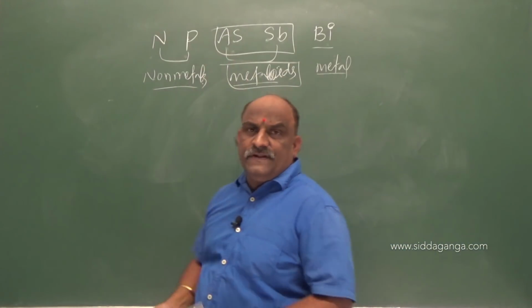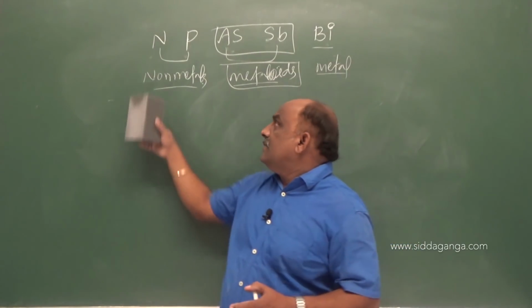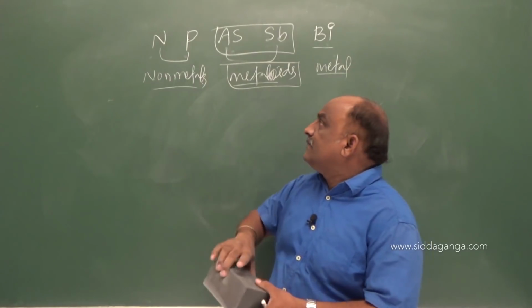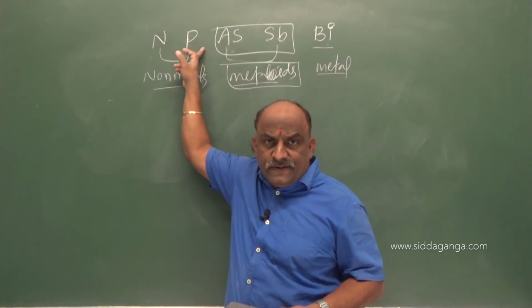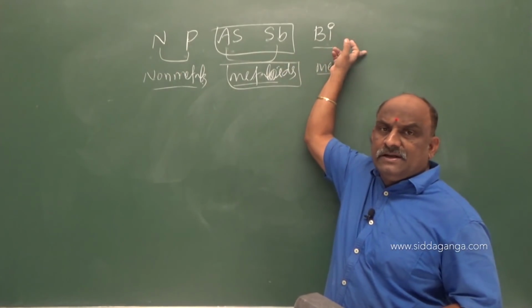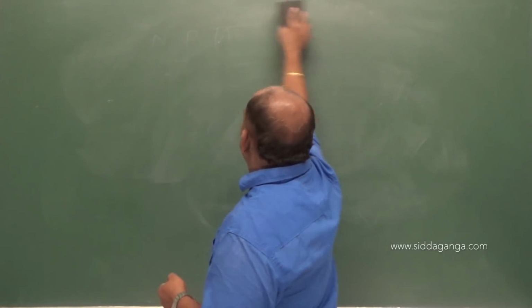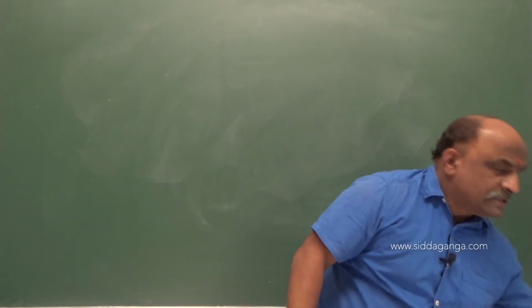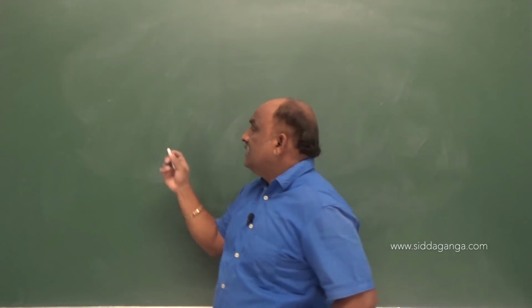Name the metalloids in the 15th group elements: arsenic and antimony. Name the non-metals: nitrogen, phosphorus. What metal is present in the 15th group? Bismuth.